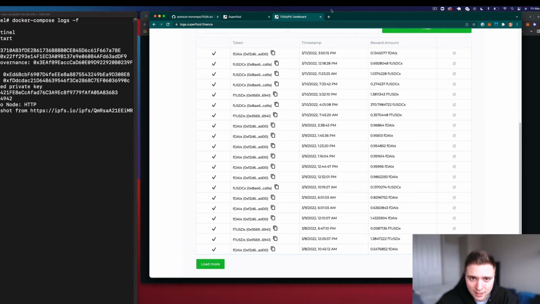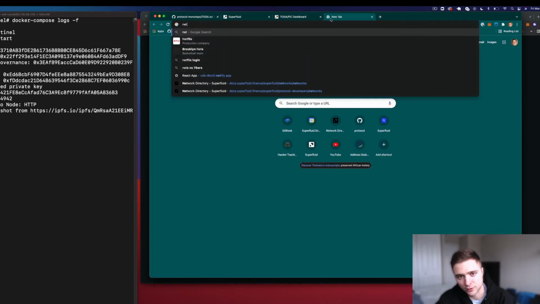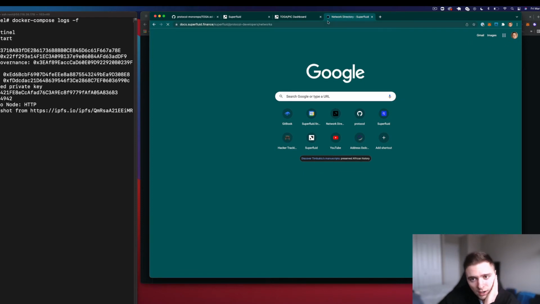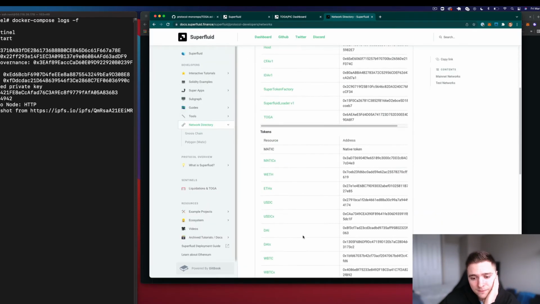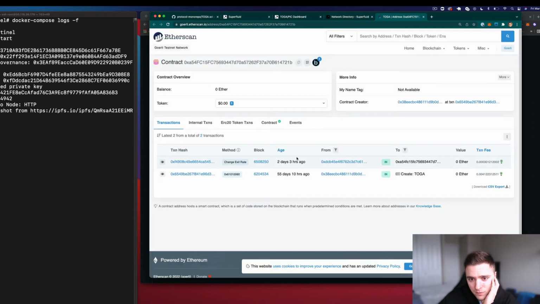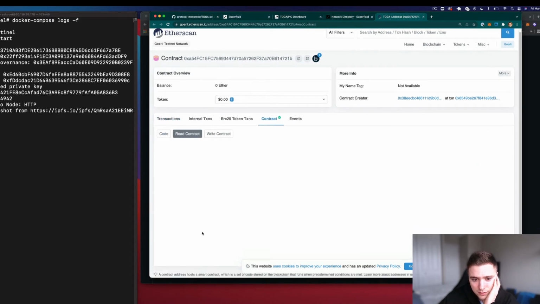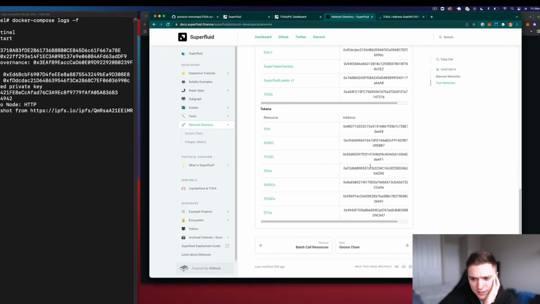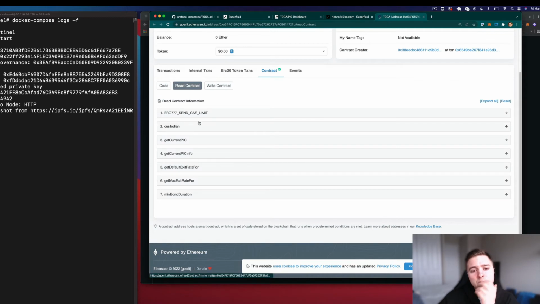And if I go back to the Superfluid network directory, we can query on Etherscan who the current PIC is. Okay, so I have the token address. Once again, we'll do fDAX, this number here. And the current PIC is going to be the PIC that I included here.